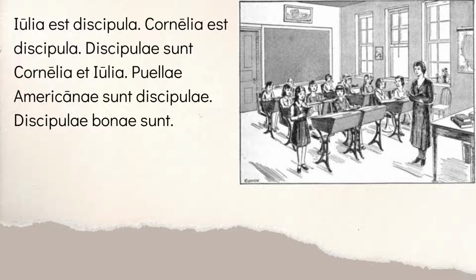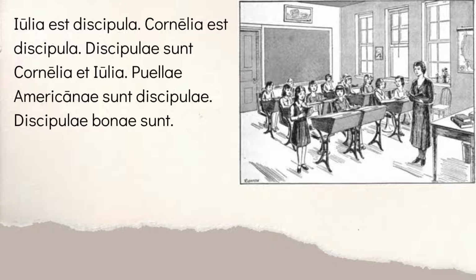But now we have something interesting. Since we have two of them, you're going to get your first plural vocab words and plural verb endings in the next line. Every word we've seen so far in terms of nouns has really ended in an A. Julia, Cornelia, discipula in this story, they're all singular. But now we have discipulae sunt Cornelia et Julia.